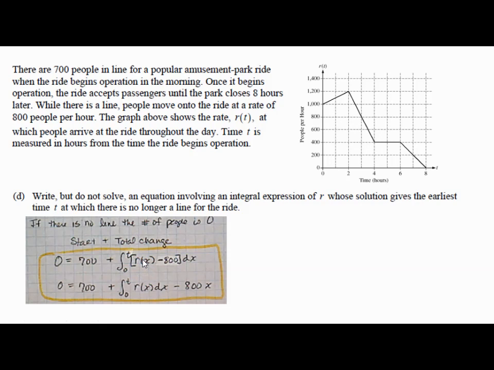So this is an application of your fundamental theorem of calculus, and this would be the equation. I highlighted both of them because both of these could be an answer. You could have the first expression or you could have the second expression, and both of them would suffice and get you full credit. All right, I hope that helps you understand the problem. Thank you.